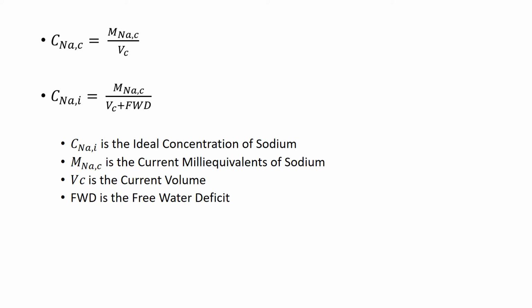We're not adding or subtracting sodium, but rather we're decreasing the concentration of sodium by adding water, hence free water deficit. So we can actually redefine the ideal concentration of sodium as the current milliequivalents of sodium divided by this new total volume, which is the current volume plus however much water we add, the free water deficit.